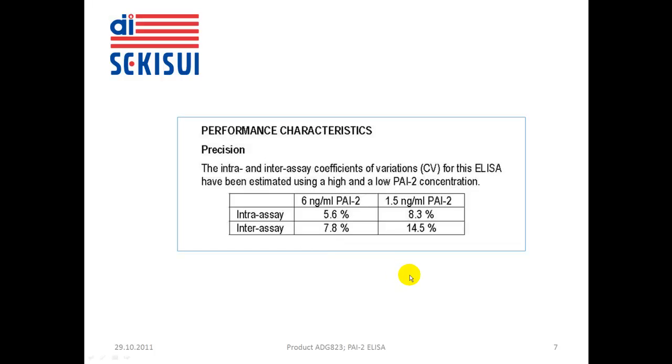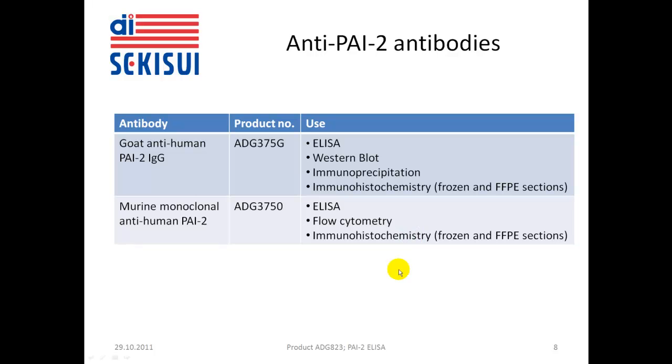This is a closer look at the performance characteristics, the precision data, which I already mentioned before. Intra-assay variability at low concentrations is 8.3%. Inter-assay, of course, at low concentrations is higher than at higher concentrations, between 7.8 and 14.5%.